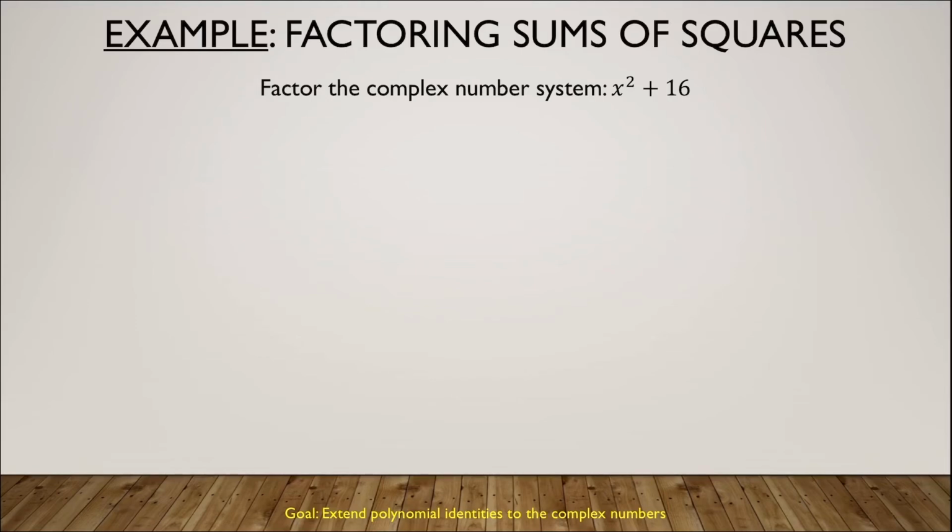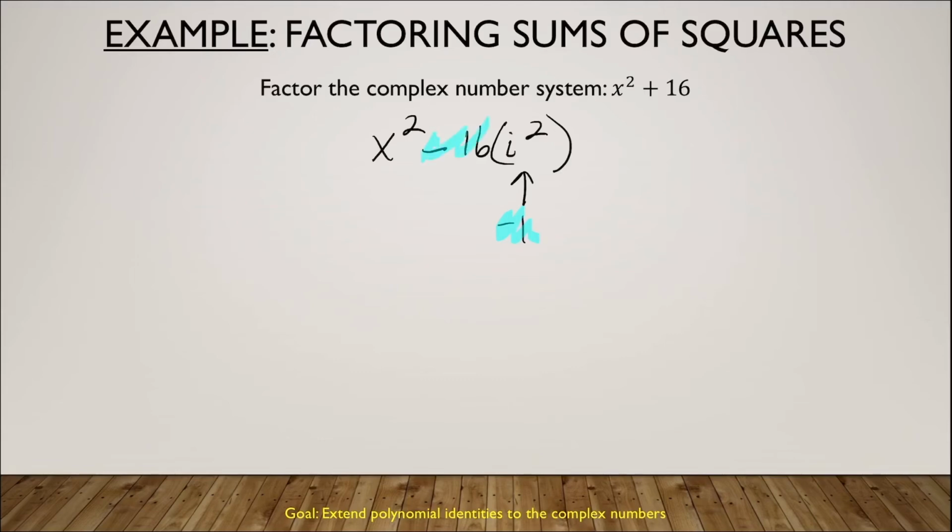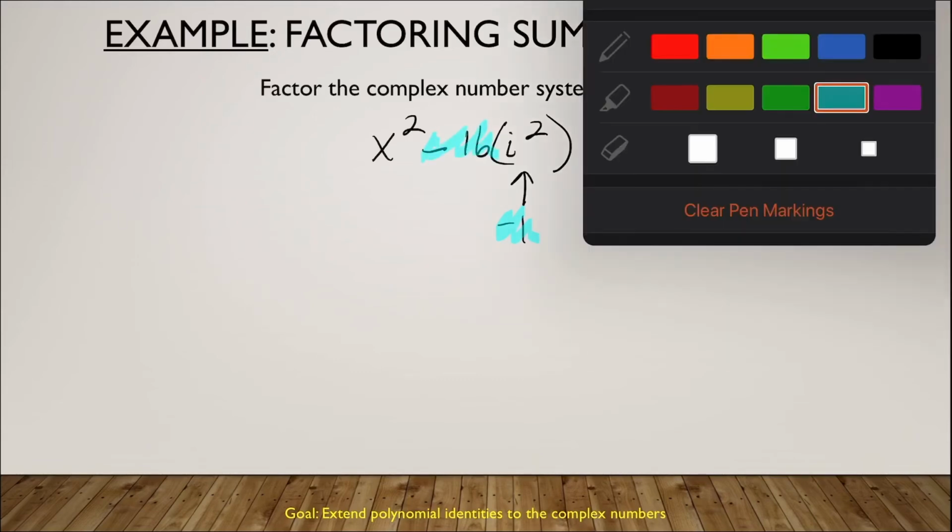Instead of a positive 16, we write this as x squared minus 16i squared, understanding that i squared is negative 1, so negative 1 times negative 16 would get you back to the plus 16.